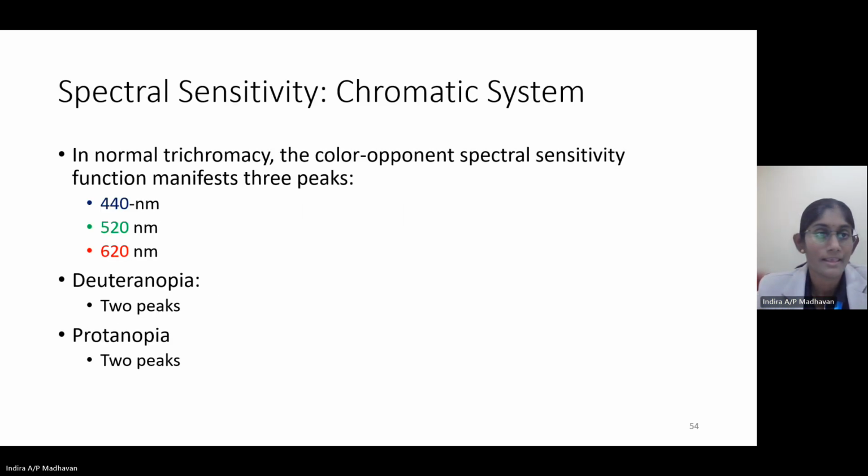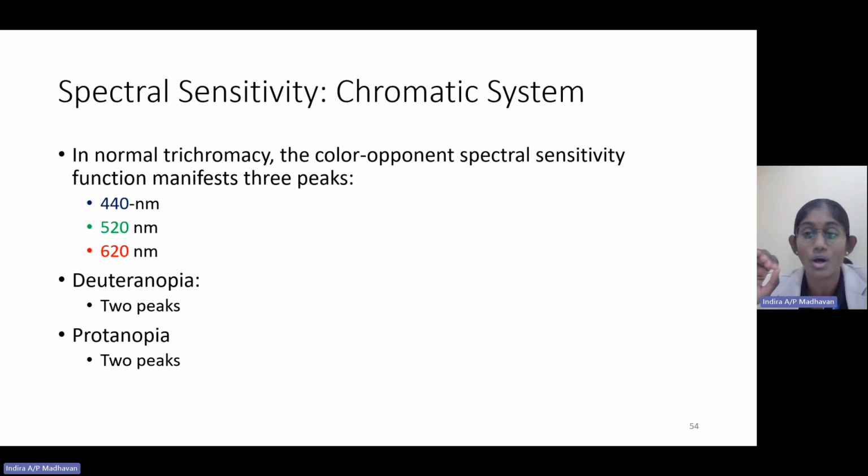Okay. So the spectral sensitivity, we start with the chromatic system. In normal trichromacy, the color opponent spectral sensitivity function manifests at 3 peaks. That means we have 3 types of cones, and the cones are maximally sensitive at 440 nanometers for blue cones, 520 nanometers for green cones, and 620 nanometers for red cones.